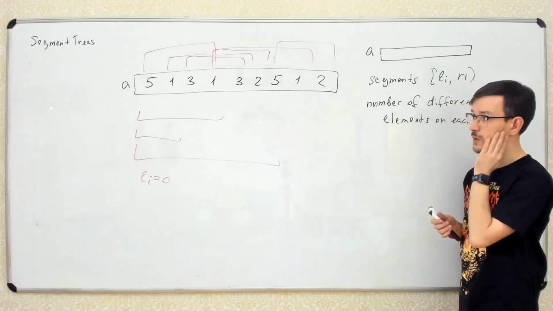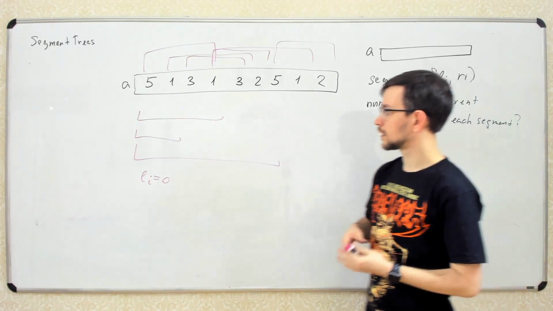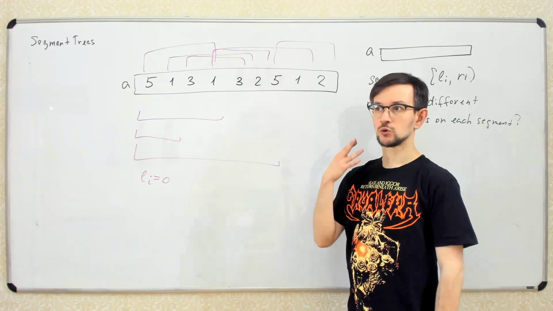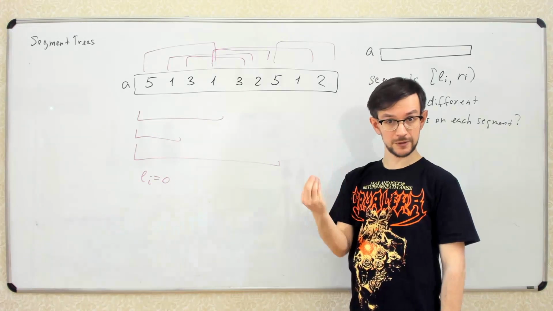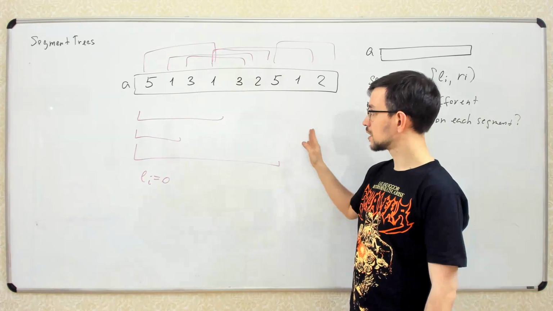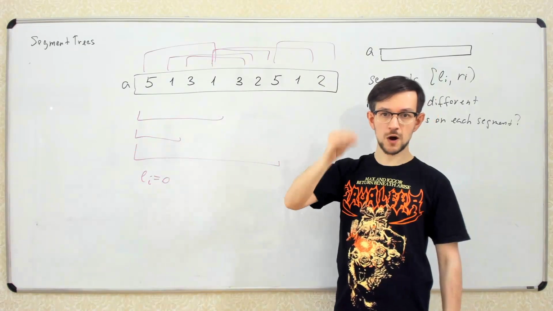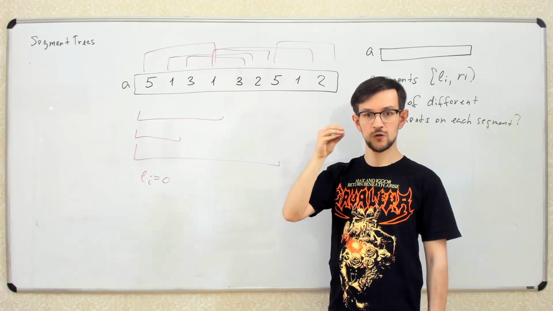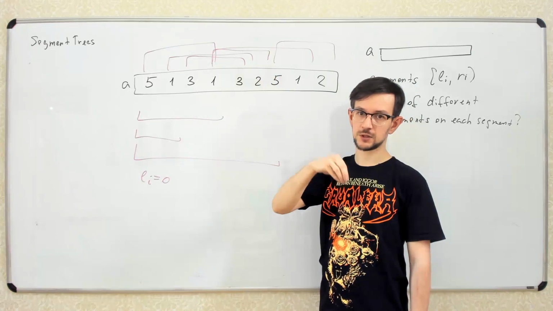Now, how to answer this query? It's pretty simple. We need to find the number of unique elements on this segment. To answer a query, we will just mark all the unique elements. Since the left border is here, we will just mark the leftmost element of each kind. So for each value, we will mark the leftmost element equal to this value.